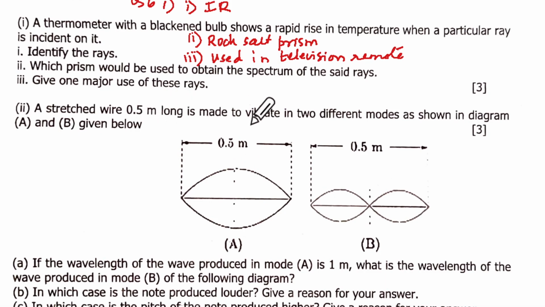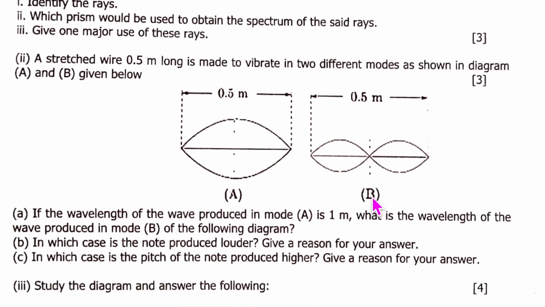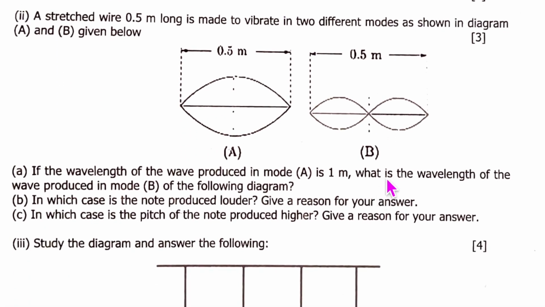A stretched wire is made to vibrate in different modes. If the wavelength of the wave in mode A is 1 meter, what is the wavelength of the wave produced? Obviously, this is 1 meter.